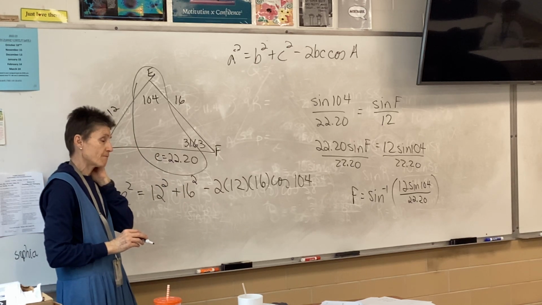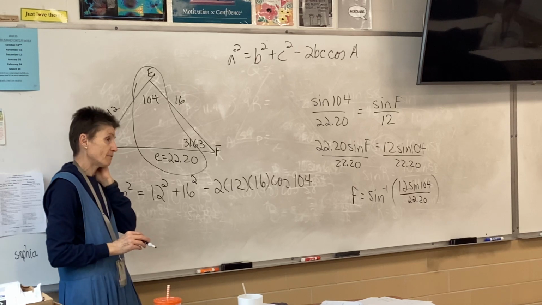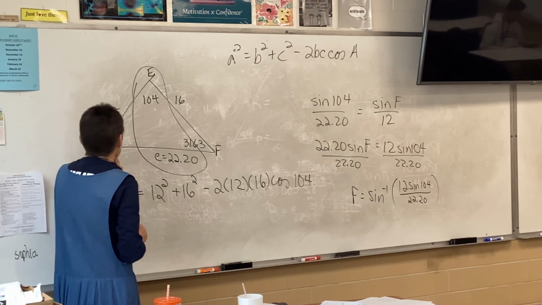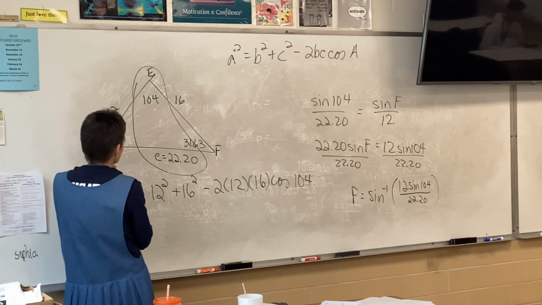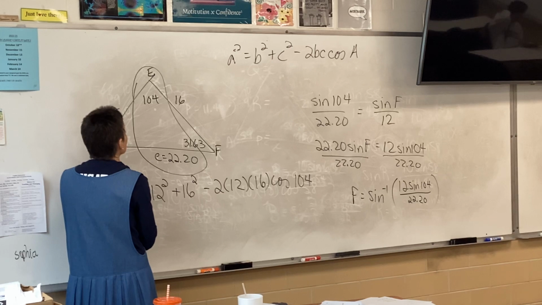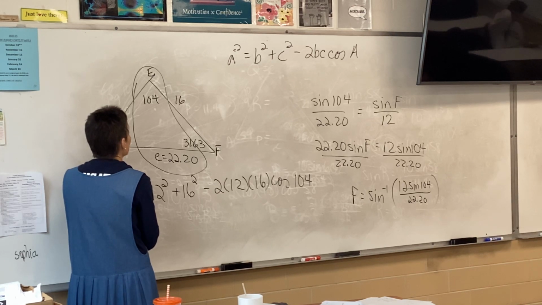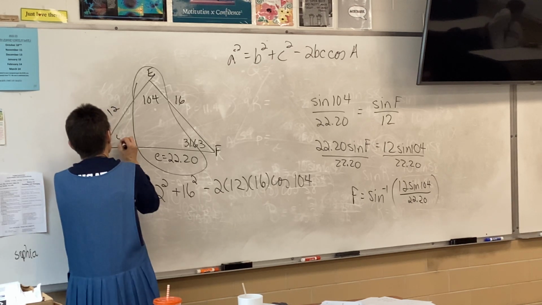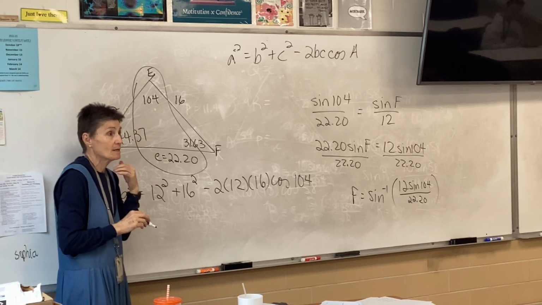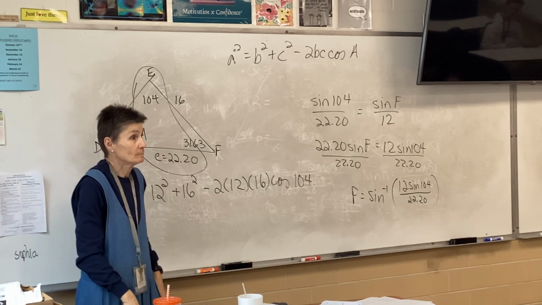So if angle F is 31 and angle E is 104, then angle D must be what? 44.37. And we got that one by just subtracting from 180.